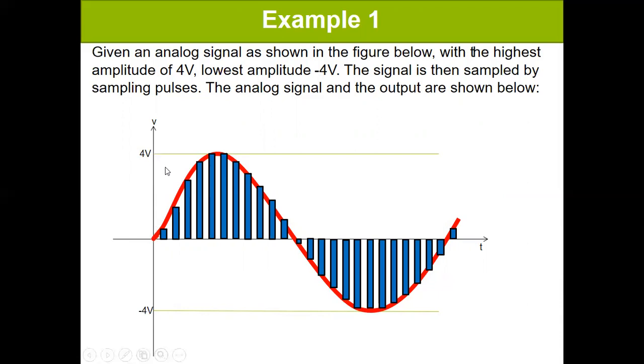Now, suppose n equals 2, 2 to the power 2 means 4 levels. For 4 levels, the levels will start from 0 to 3. So where is level 0? Where are levels 1, 2, 3? We know the interval or resolution is 2 volt, but where will be the position of level 1, level 2, level 3?